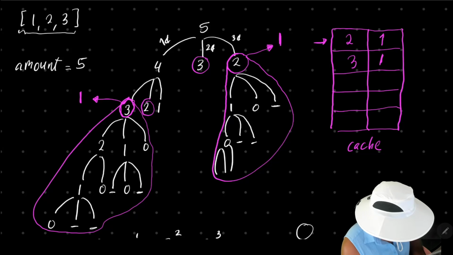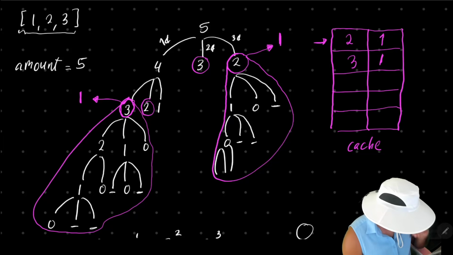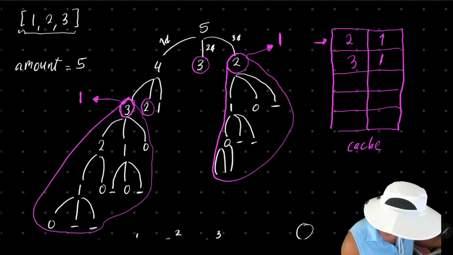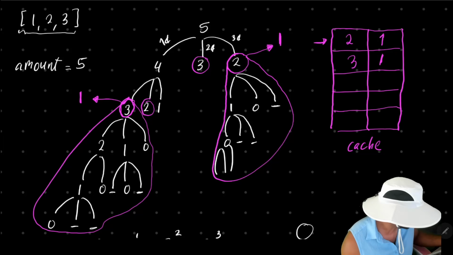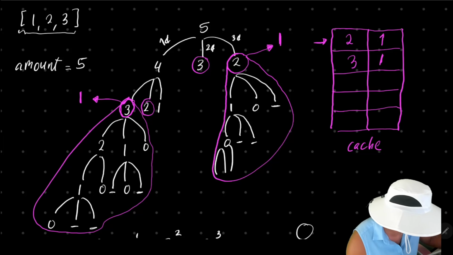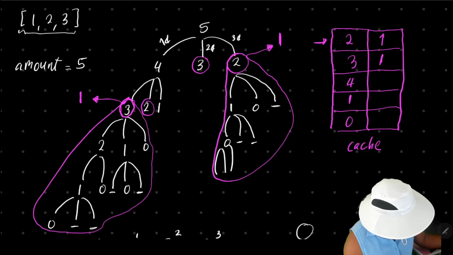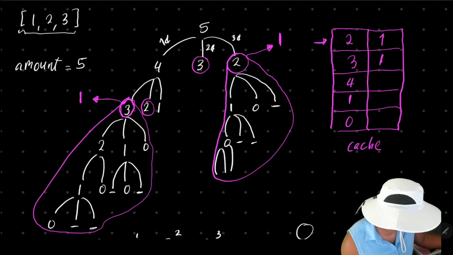Okay, so what do I mean? In that case, what I'm going to have is a cache. It stores the result for the unique values. So for example, for 2, for 3, for 4, for 1, and for 0. And then that's about it.